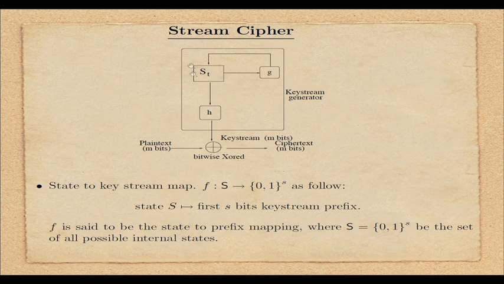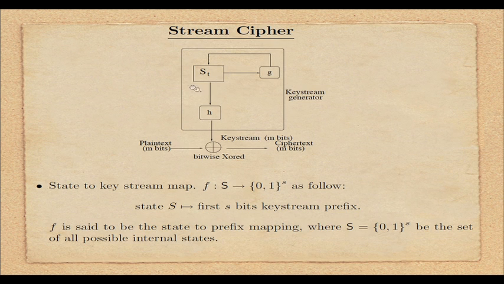We have a state which is sometimes initialized by the key, or we initialize this by the IV, initial vector, and we run this state a few times, the initialization process, and then we get an initial state, with the key and IV, that is called the initialization vector.